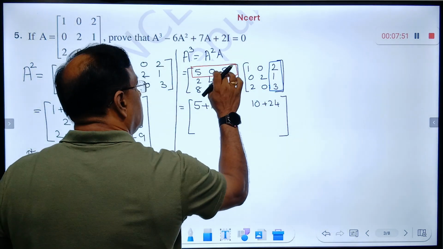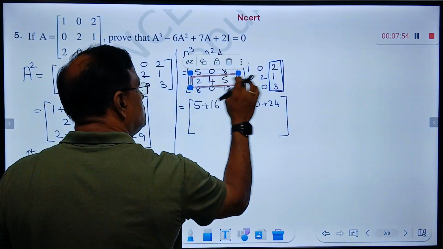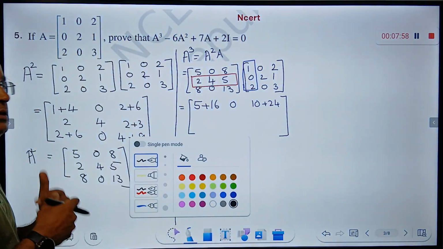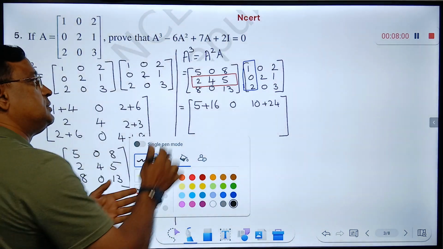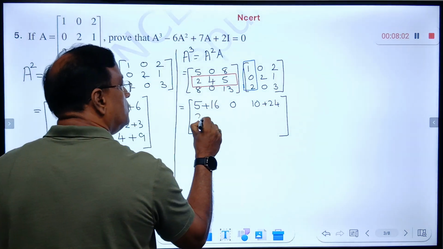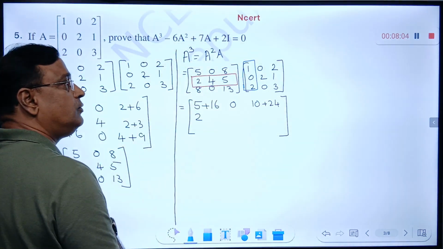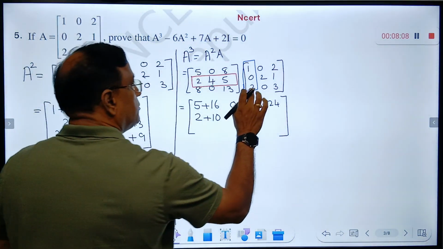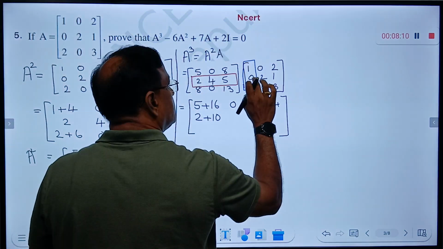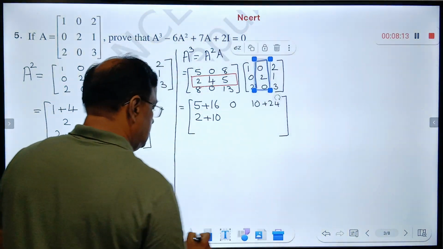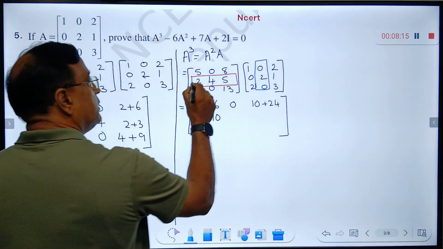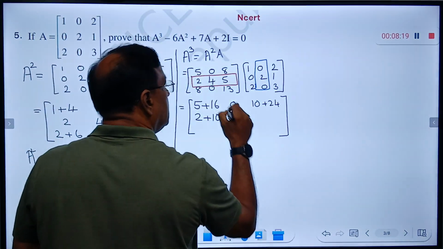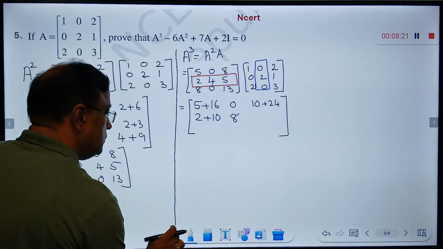Now I change to row 2 and reinitialize to column 1 and start this process again. The journey begins again. 2 ones are 2, 4 into 0 is 0, 5 into 2 is 10. Same thing, you just need to be patient, and you will get the answer. 2 into 0 is 0, 4 into 2 is 8, 5 into 0 is 0.